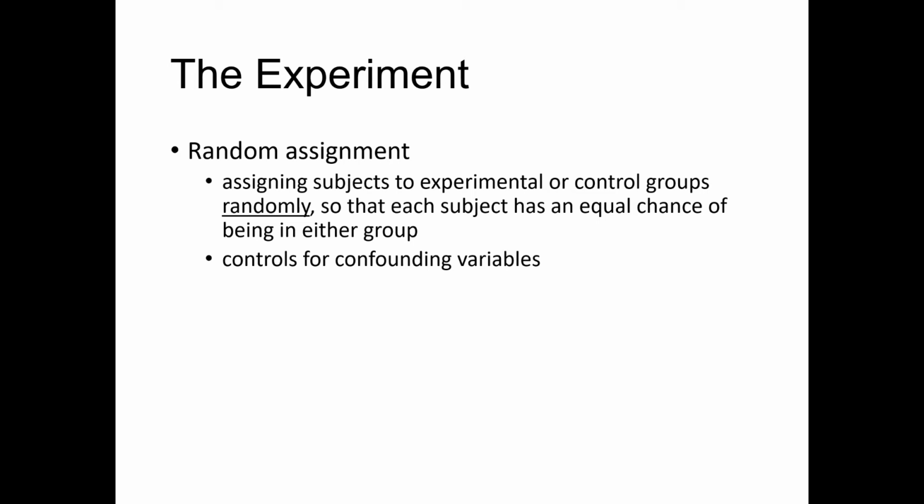Why? Because if we do that, now we have no way of telling whether the difference in aggressive play is due to watching violent TV or due to difference in gender. By randomly assigning participants into experimental and control groups, we are basically controlling for the confounding variables, such as the influence of gender and other characteristics that may influence the results.